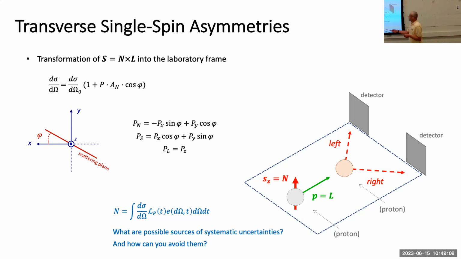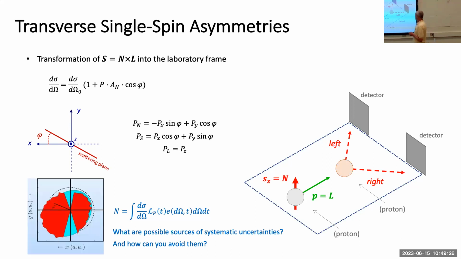So what I would like you to think about later today is take this, expand this a little bit, think about the detector locations, what the beam polarization direction is, and how you can put this all together to remove systematics. I should say this might be an illustration, it might be real data.